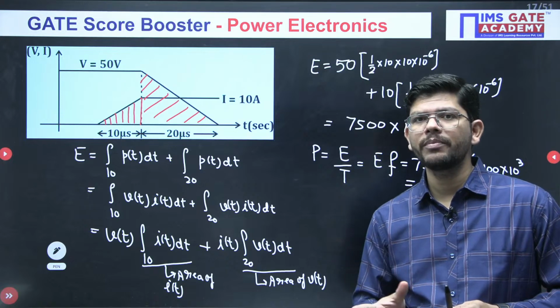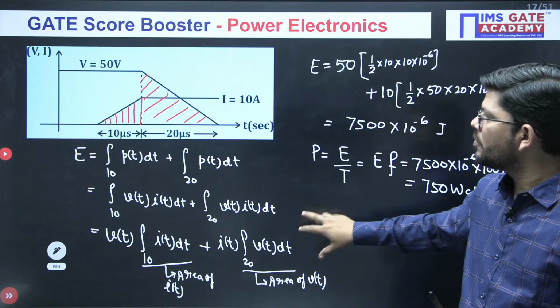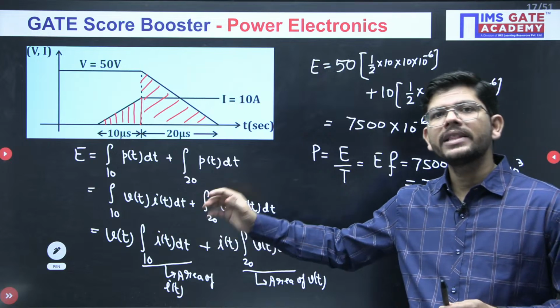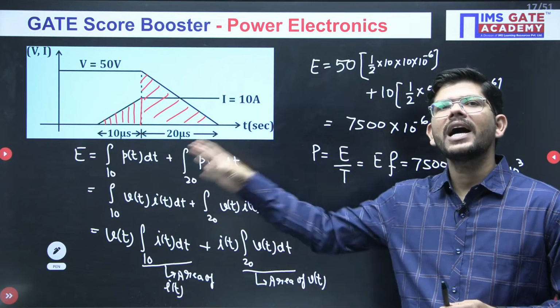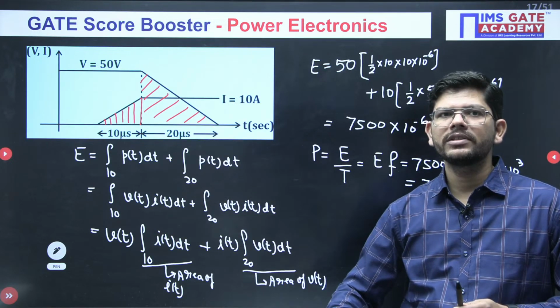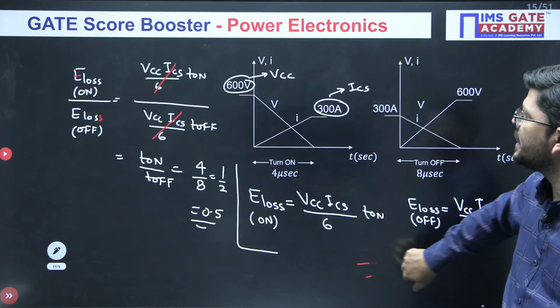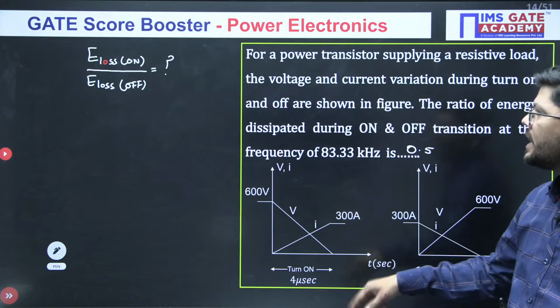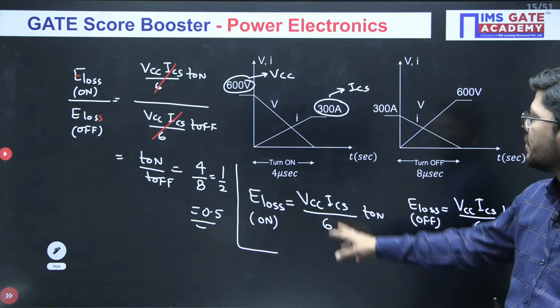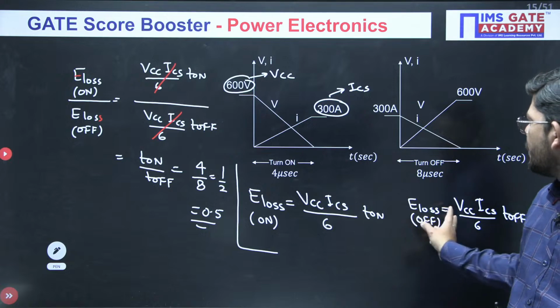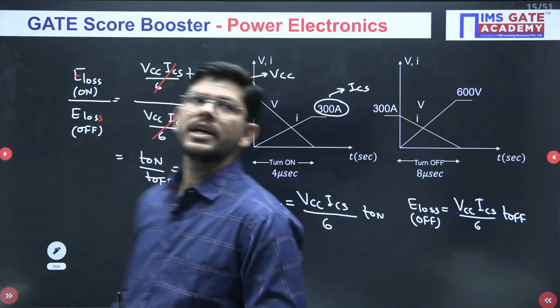Two different problems, two different approaches. In this problem we have applied the formula and then solved it. In the last case we have directly written some formulas. So if you have that particular shape, which we had in that question, you can directly use the formulas: VCC ICS by 6 into T on, VCC ICS by 6 into T off.